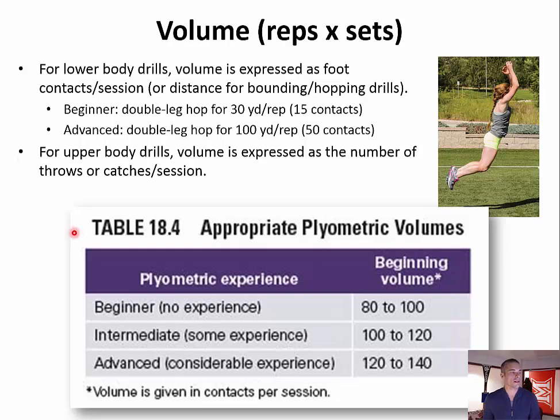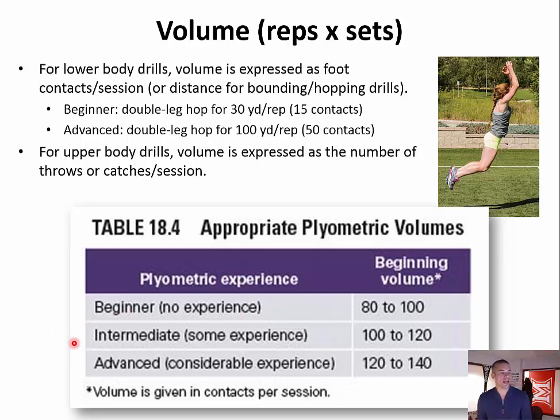So what we see here in this table is recommended lower body volumes and how it varies for athletes with different levels of experience. So these suggested volumes are for a beginner, again with no experience with plyometric exercise training, their beginning training volume, 80 to 100 contacts per session. And again, this is applying to lower body exercises.